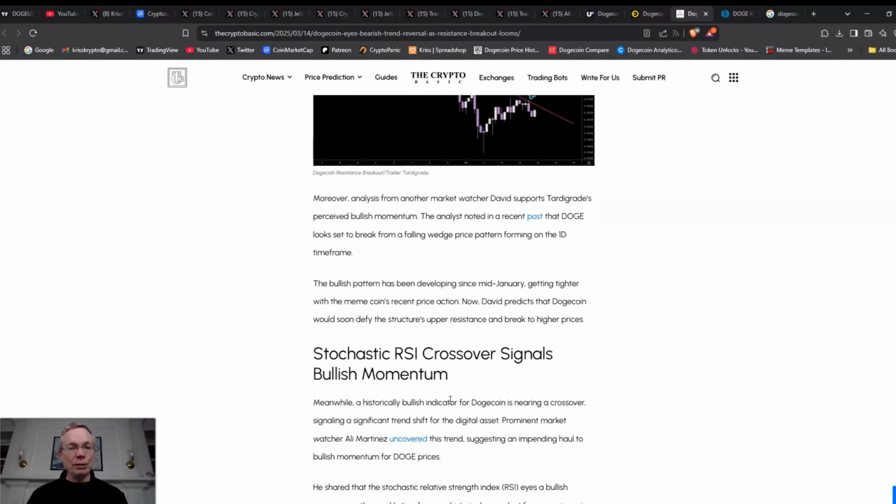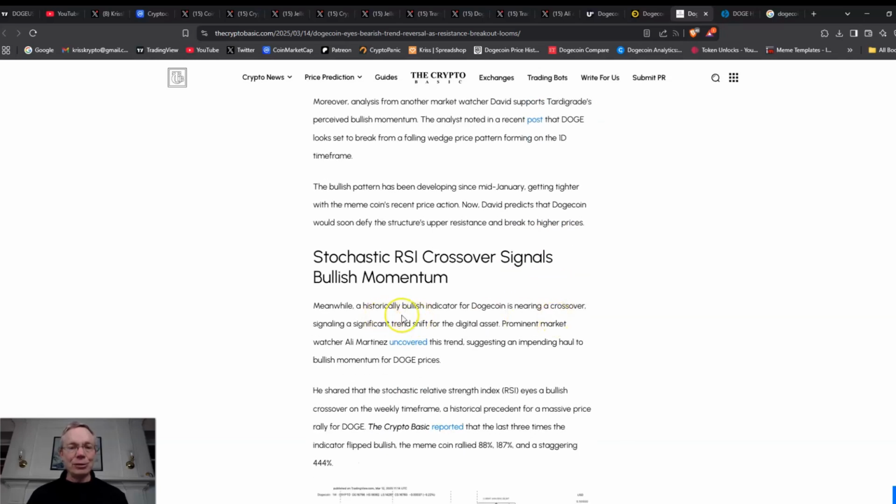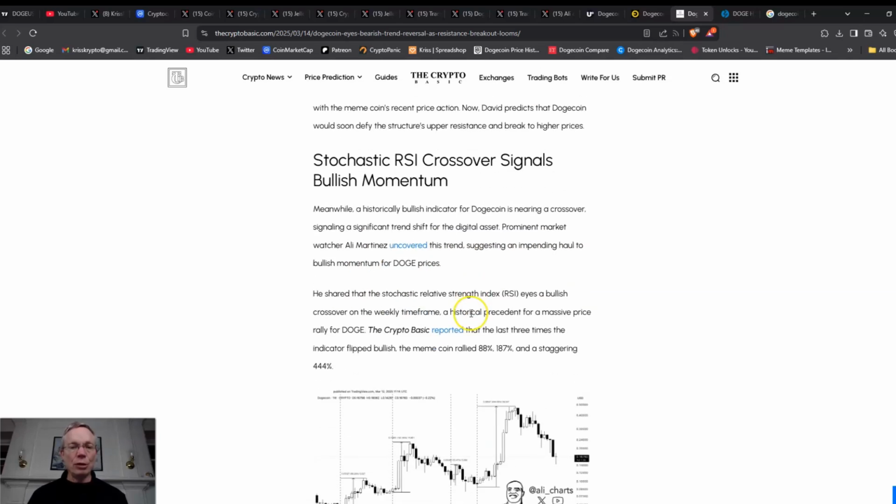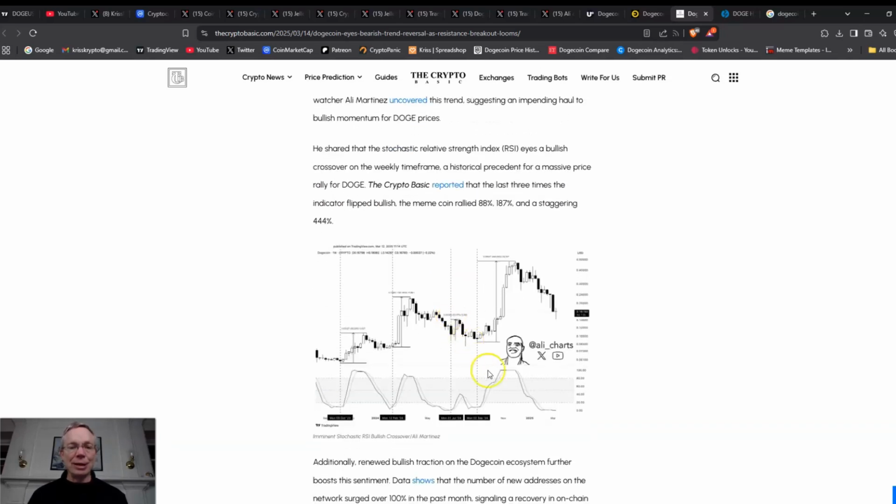So Dogecoin will soon defy the structure's upper resistance level and break to higher prices. A historically bullish indicator for Dogecoin is nearing a crossover, signaling a significant trend shift for Doge. And this is, again, looking at stochastic. Ali's looking at it and looking at that crossover for price to move up.